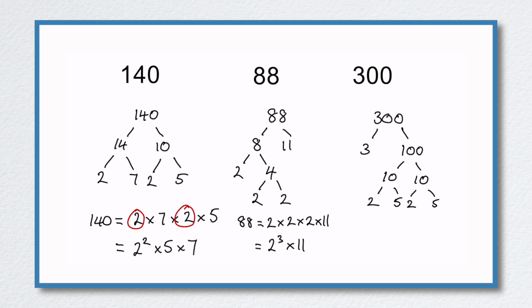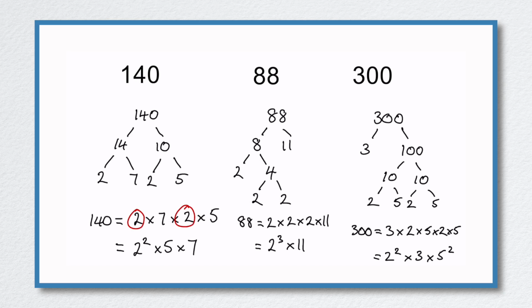So I can write 300 as 3 multiplied by 2 multiplied by 5 multiplied by 2 multiplied by 5. And let's just tidy that up. I have 2 squared, because I've got 2 times 2, multiplied by 3, and I've got a 5 times 5, so that's going to be 5 squared.